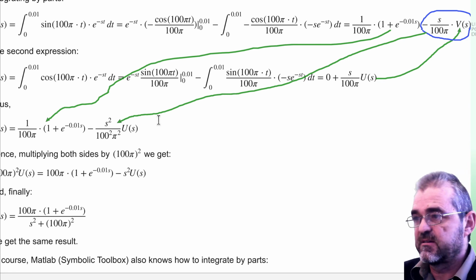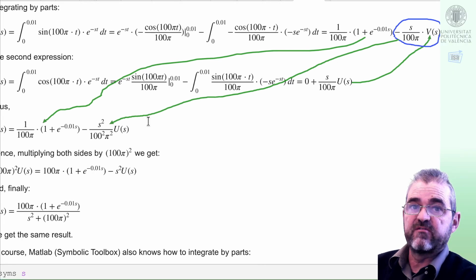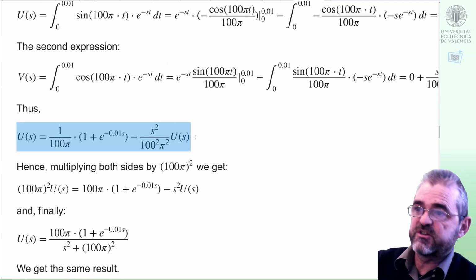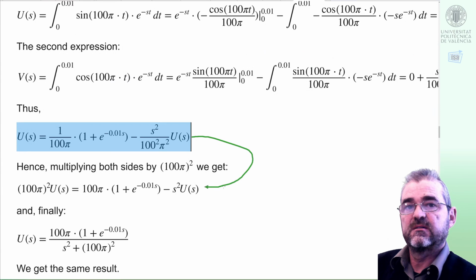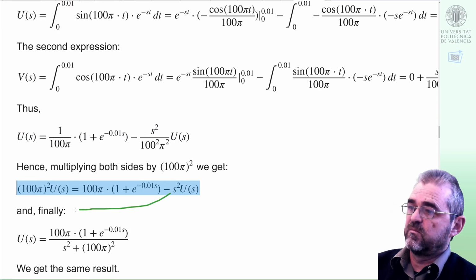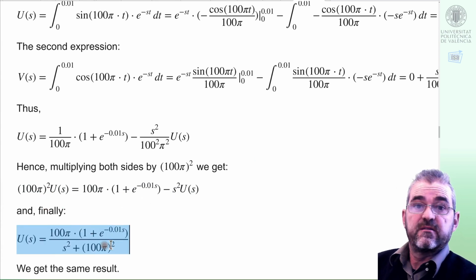So we are now ready to end our transform computation by just solving for u of s. If I multiply this expression by omega squared on both sides, I get this, and then moving this to the other side of the equality and dividing, we get the final same result as with method 1 or as with the Laplace command of the symbolic toolbox.